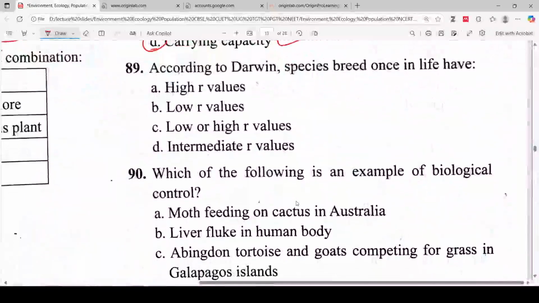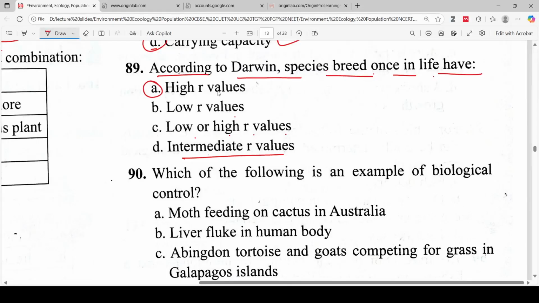Next question. According to Darwin, species that breed once in life have high r value, low r value, low or high r value, or intermediate r value. Species that breed once in life. So the correct answer will be high r value.